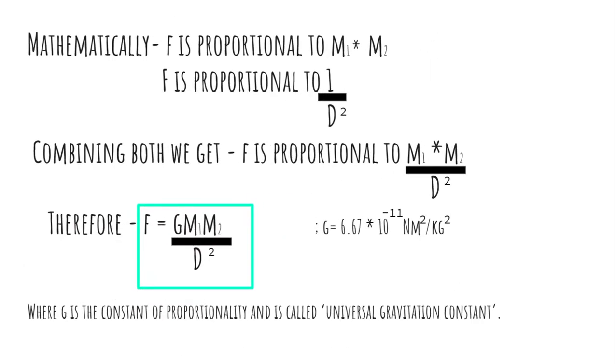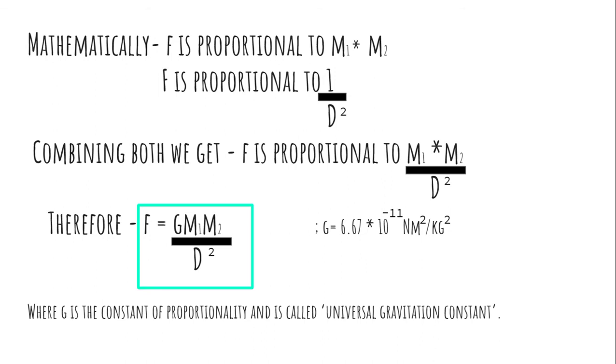So mathematically, F, which is the force, is proportional to m1, the first object's mass, and m2, the second object's mass. And F is also proportional to 1 by d square, where d is the distance between their centers. If we combine both of these, we can say that F is proportional to m1 into m2 by d square.